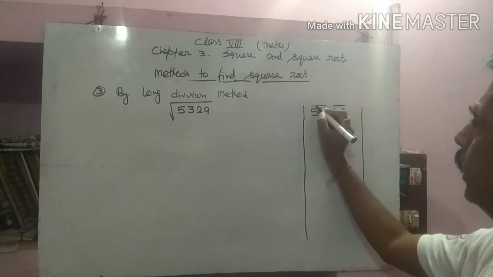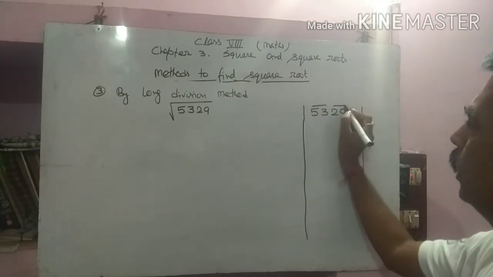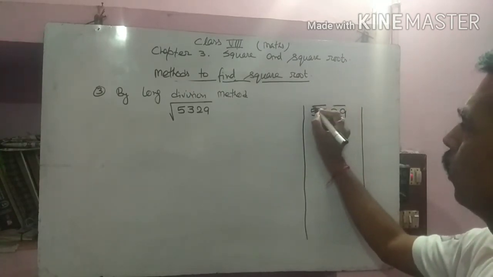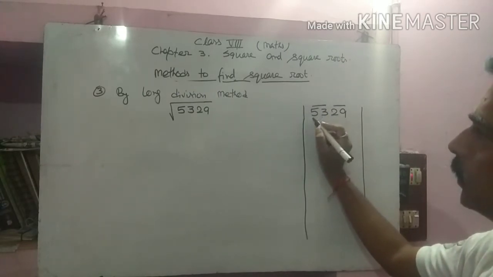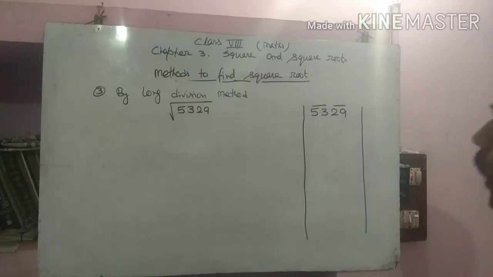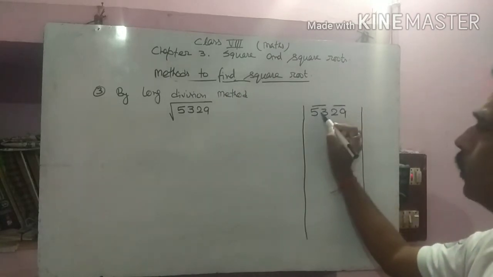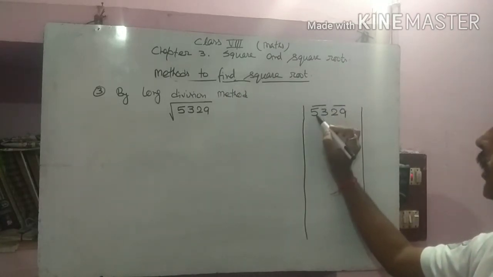We have to find a number that multiplied by itself is equal to this number or near to this number.